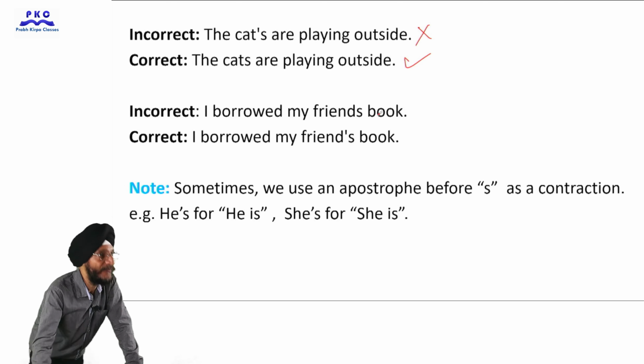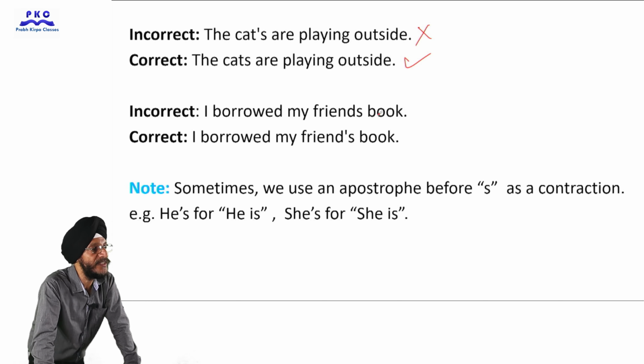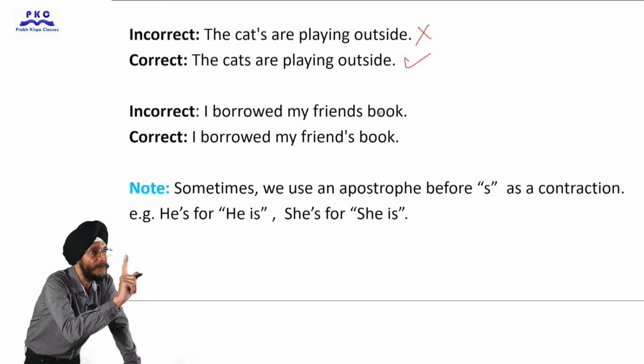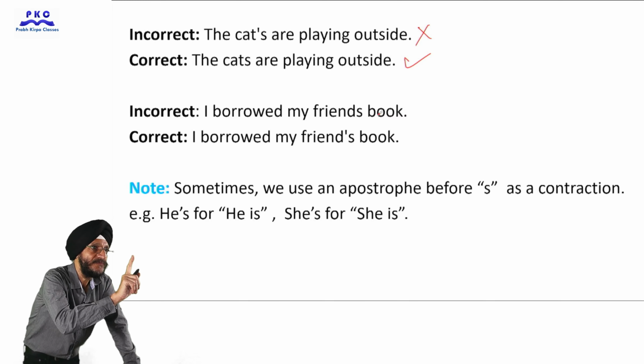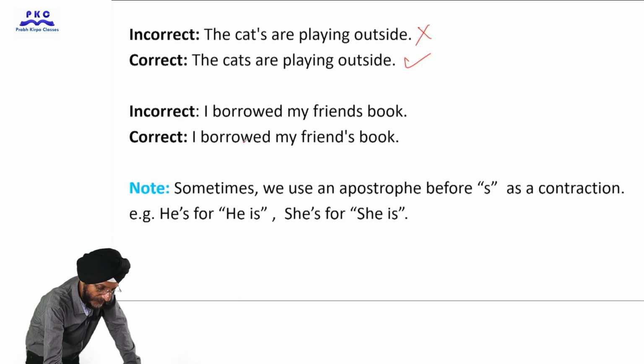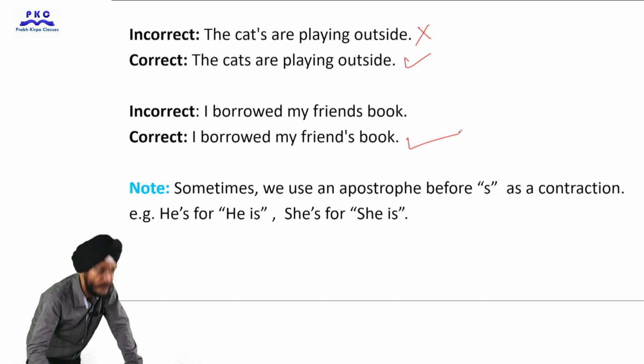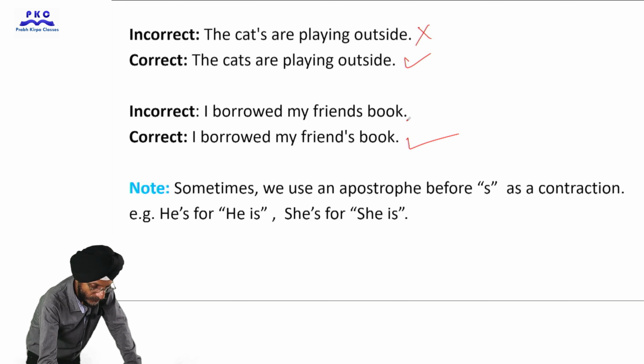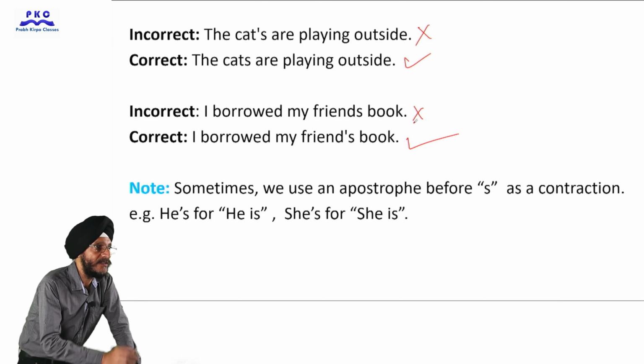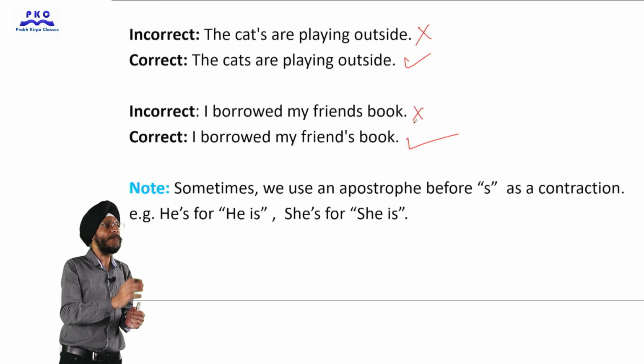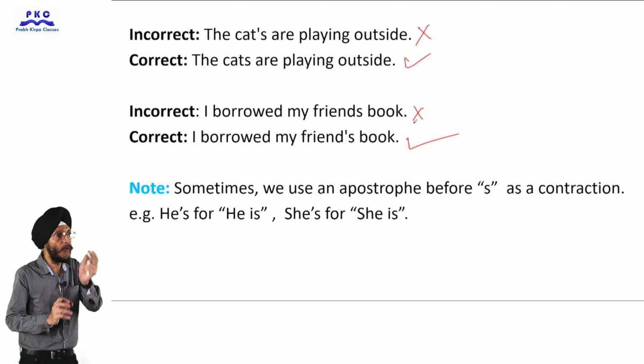I borrowed my friend's book. In this sentence, you can see that book is single, so one book pertains to one person. So, I borrowed my friend's book, here it is okay. Here we are concerned with ownership or possession of the book. The book belongs to one friend.